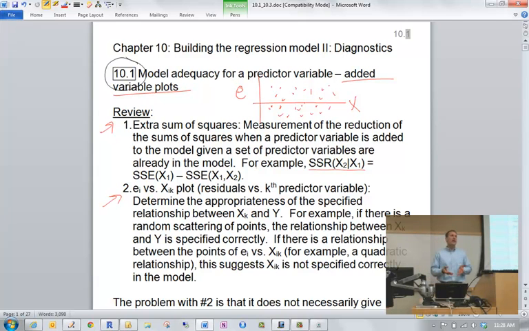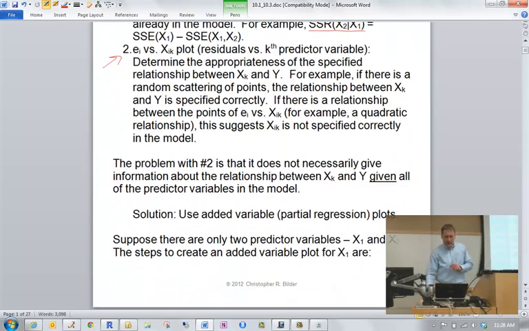If, however, I have maybe a linear trend amongst the points or a quadratic trend, this suggests some kind of transformation is needed. The problem with a plot like this, even though it's commonly done, is that it doesn't account for other predictor variables that may already be in your model.